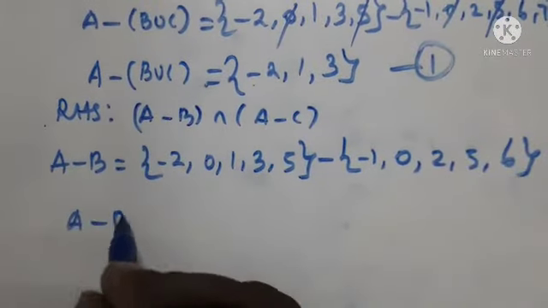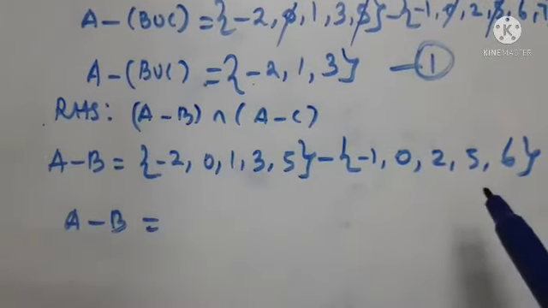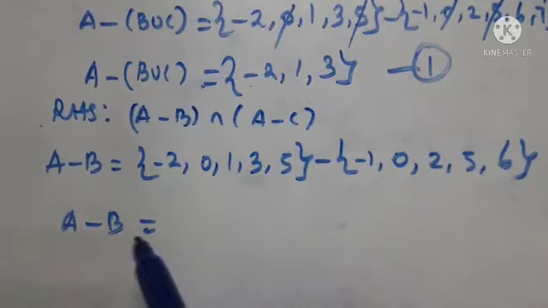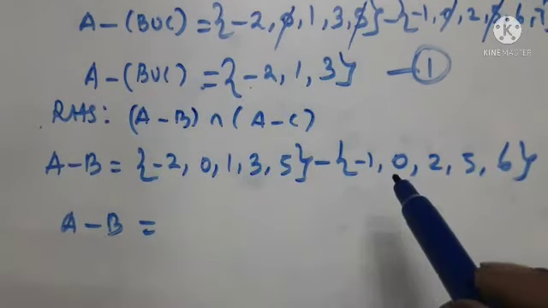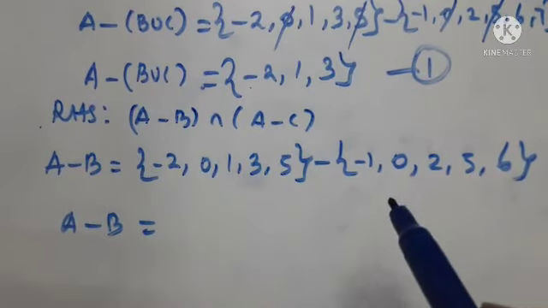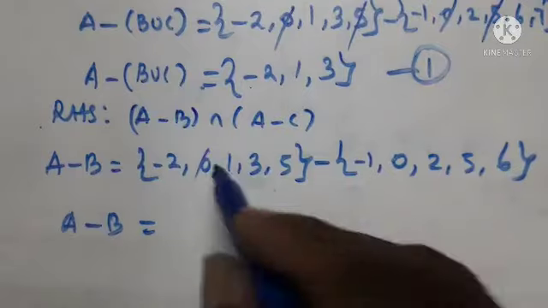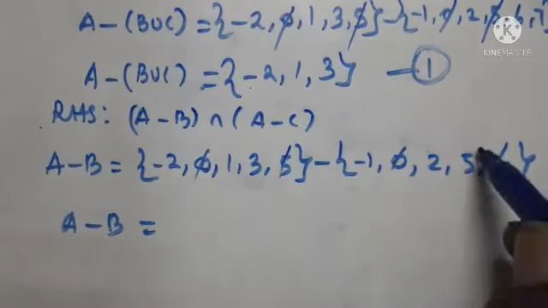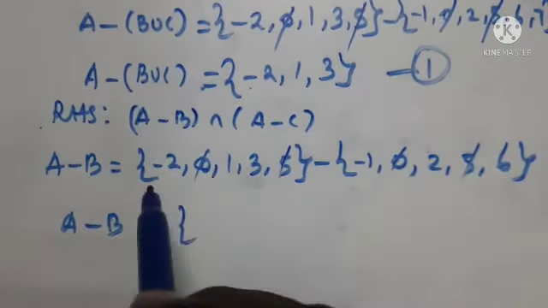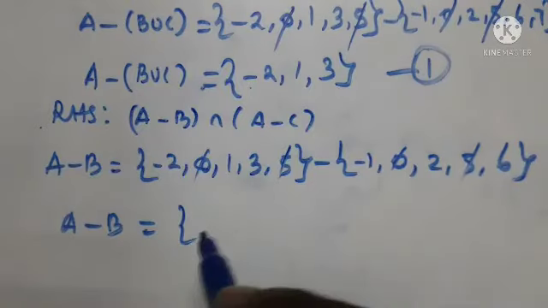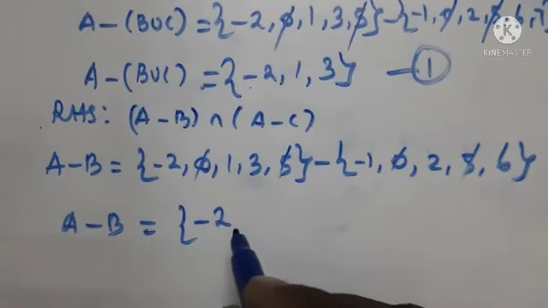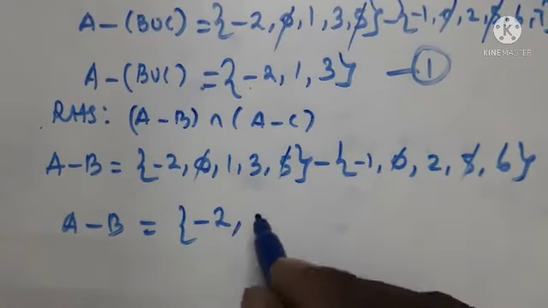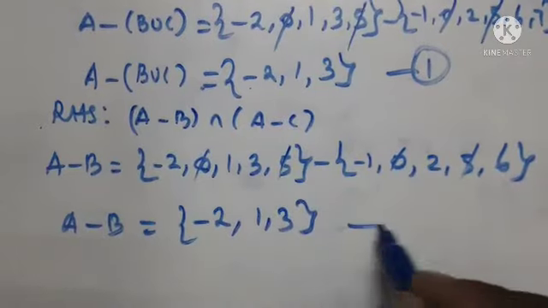A − B means elements in A but not in B. First strike out the common elements of both sets. 0 is common to both sets, strike out. And 5 is common to both sets, strike out. So write the remaining elements in A: {-2, 1, 3}.